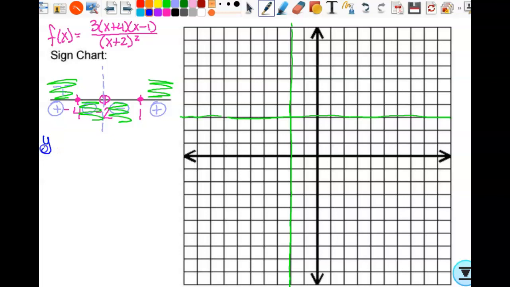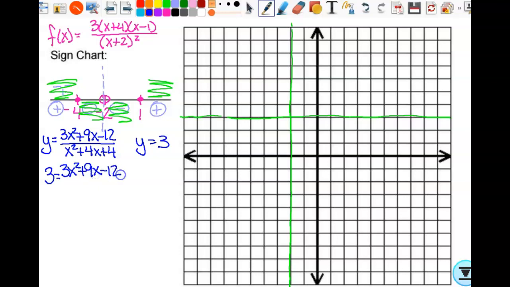So my original was 3x squared plus 9x minus 12 over x squared plus 4x plus 4, and then my horizontal is at y equals 3. So just like on the rest, I take whatever this is, I substitute it in for y, so I get 3 equals 3x squared plus 9x minus 12 over x squared plus 4x plus 4.